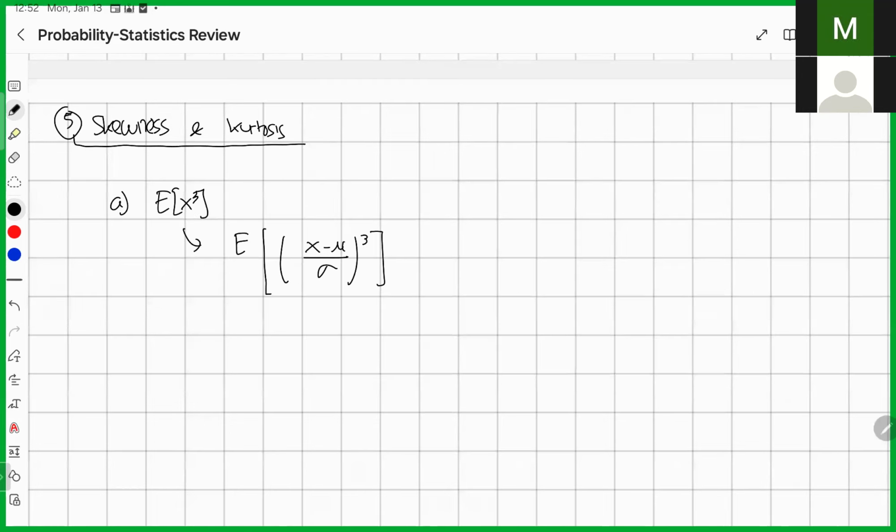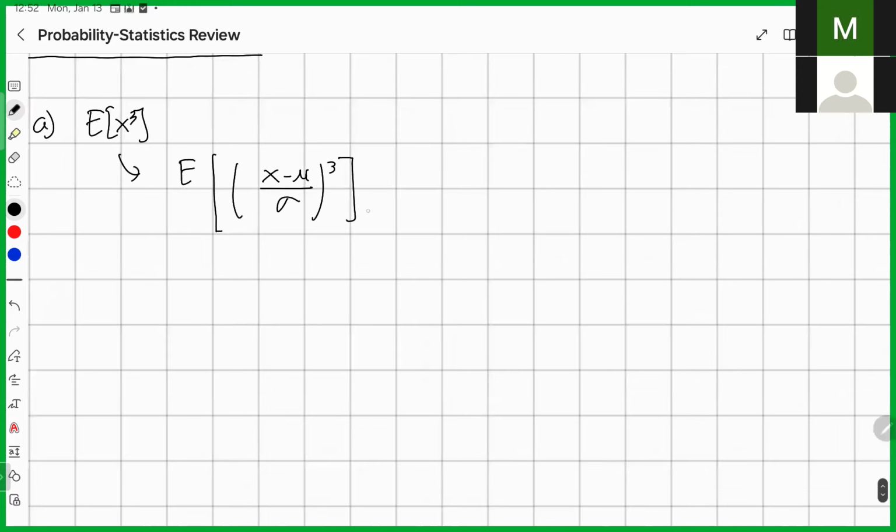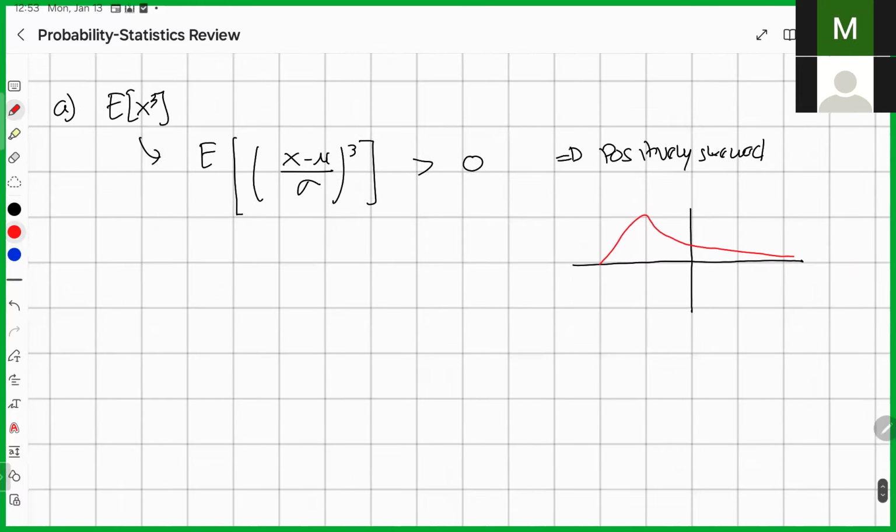What this gives us brings enough information. If this is larger than 0, that means our data will be positively skewed. This is our data.